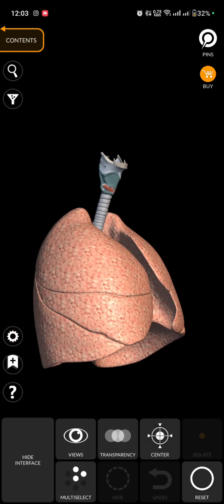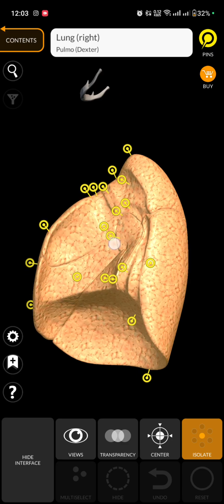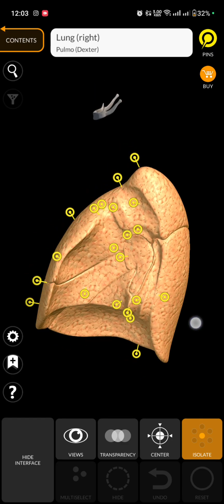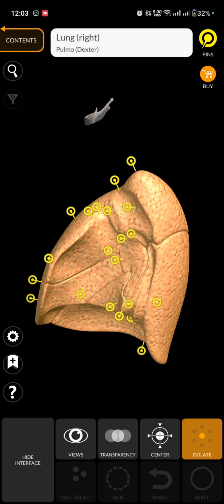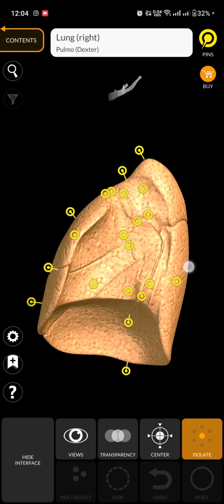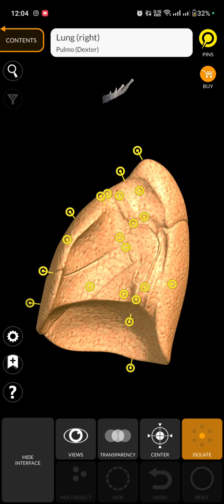That being said, now we will look at the right lung. If we look at the right lung, we will see that the right lung also has a lot of impressions. This impression over here originates from the posterior border. This is the arch of azygos vein, which ends at the superior vena cava over here.